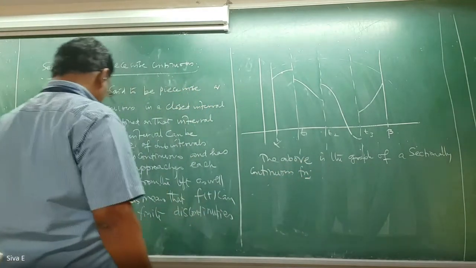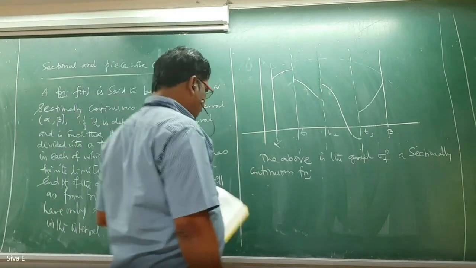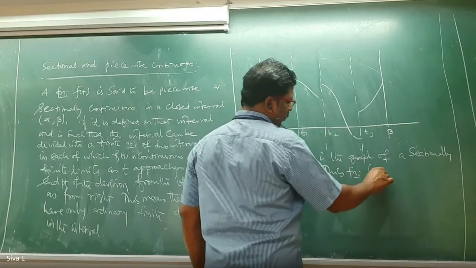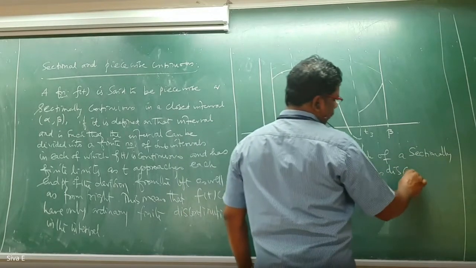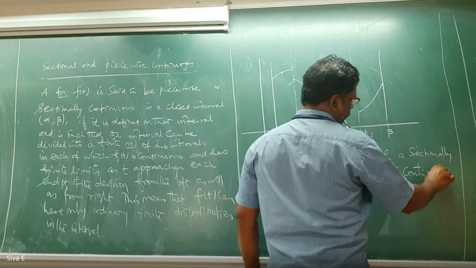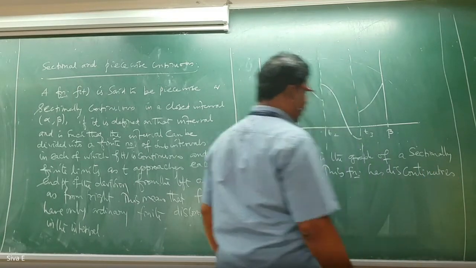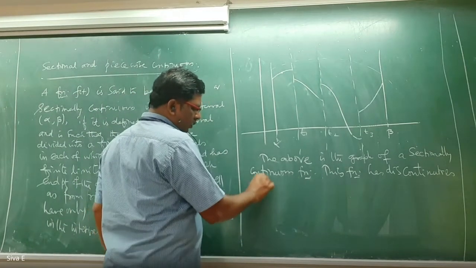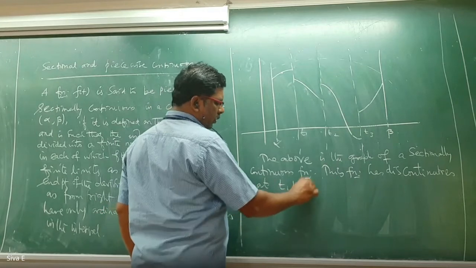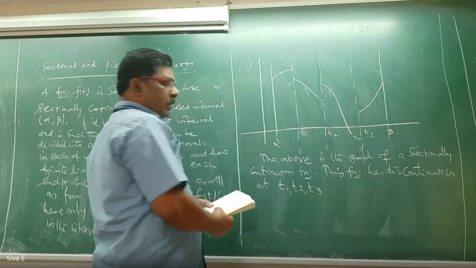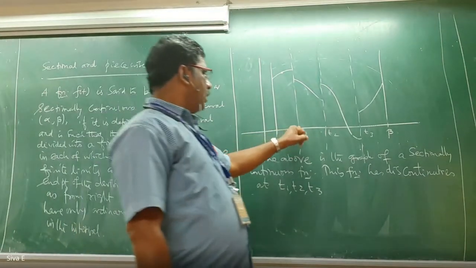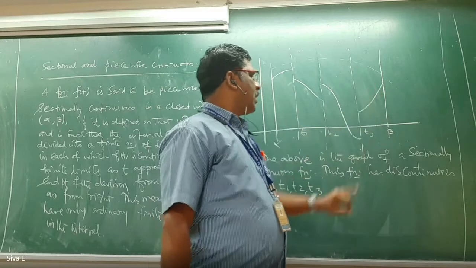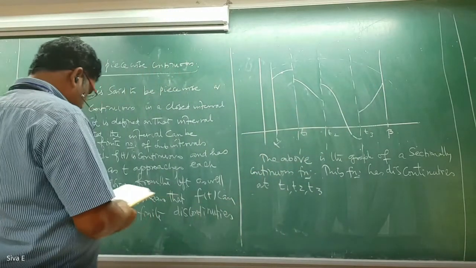This function has discontinuities at T1, T2, T3. Actually, at T1, T2, T3 it is discontinuous, because it is three different functions.